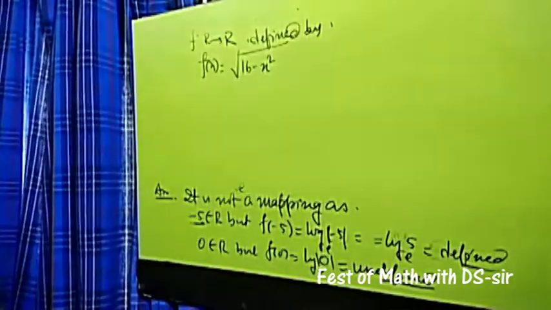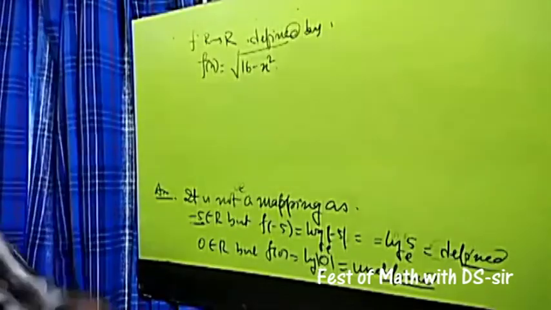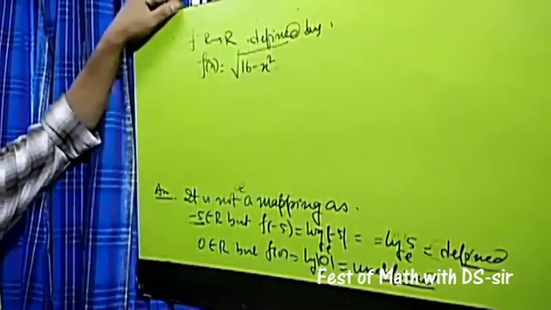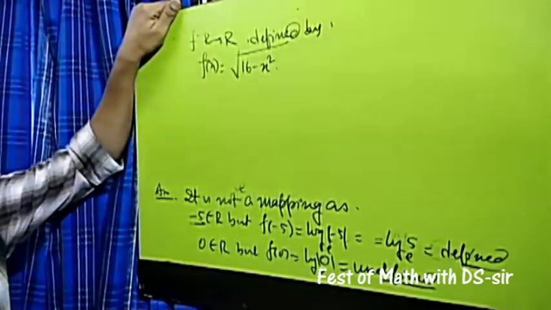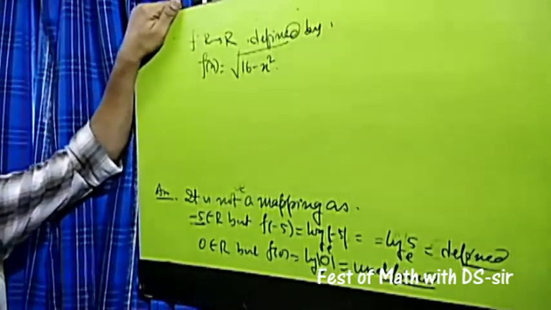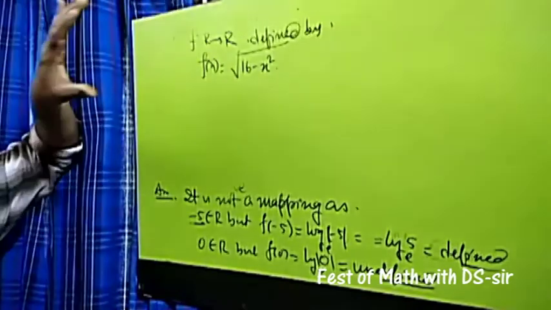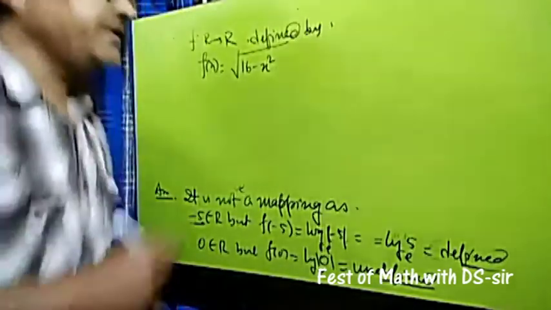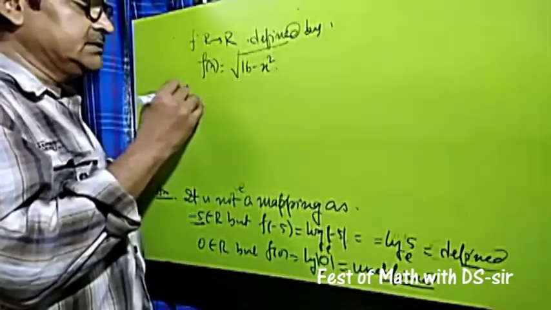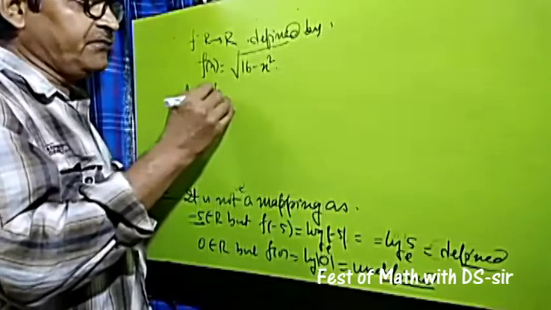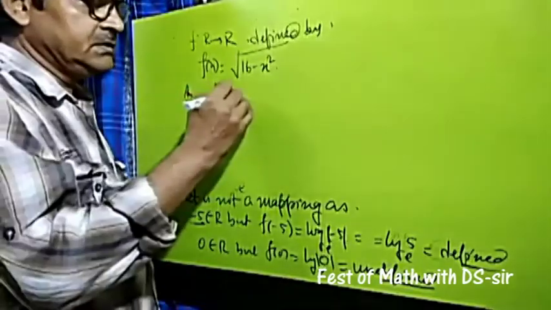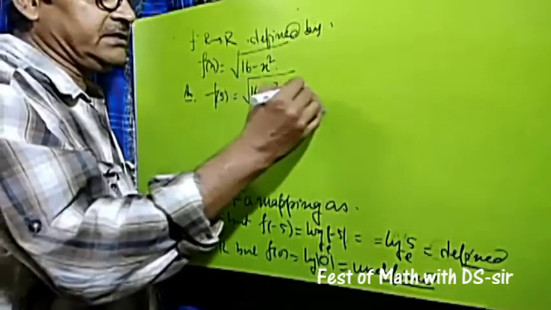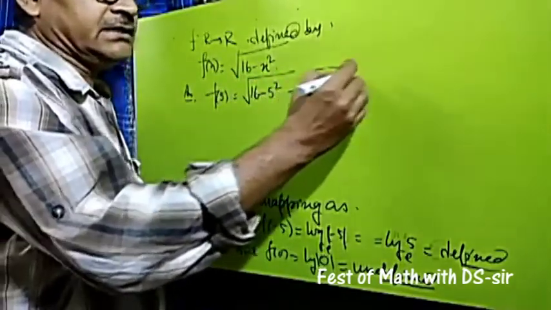Now our next example, f from R to R defined by f(x) is equal to root over 16 minus x square. Now we have to check whether this is a mapping or not. It is very easy. Answer: f(5) is equal to root over 16 minus 5 square, root over minus 9.